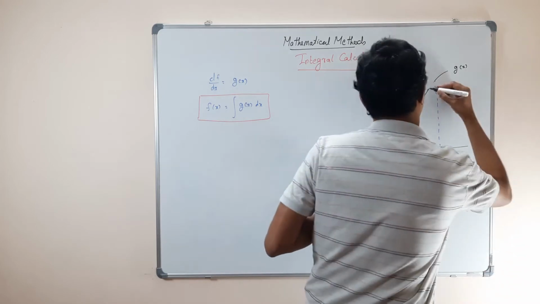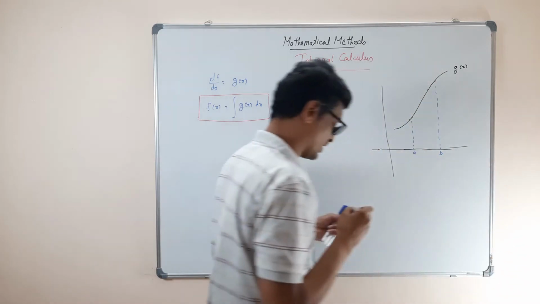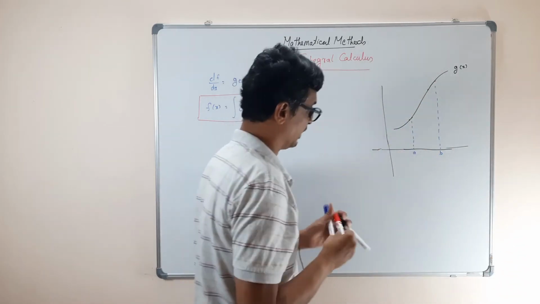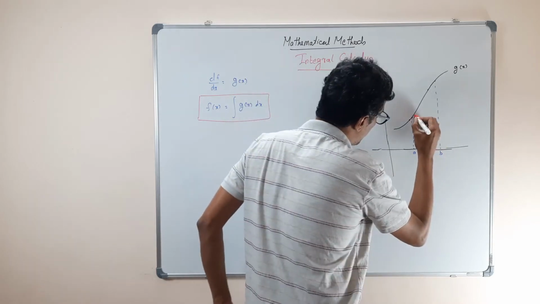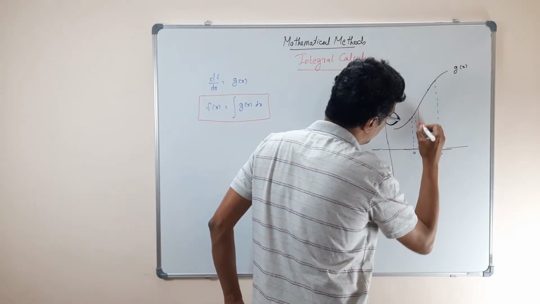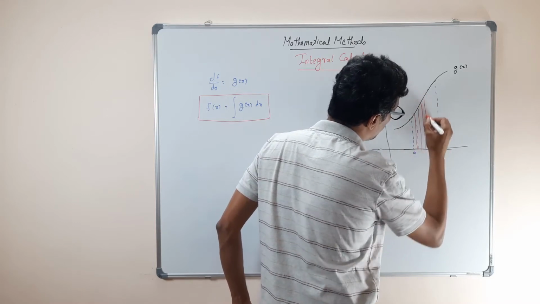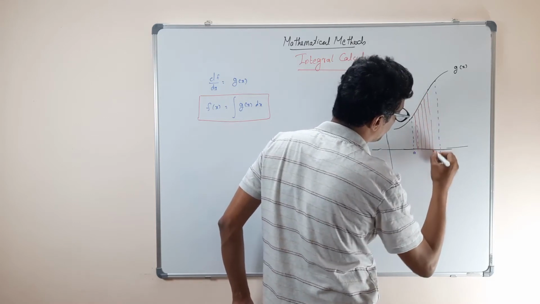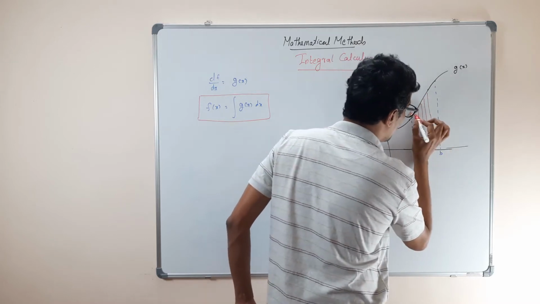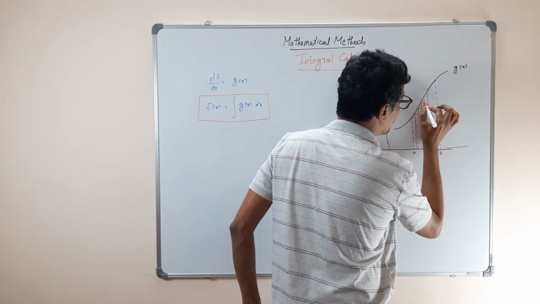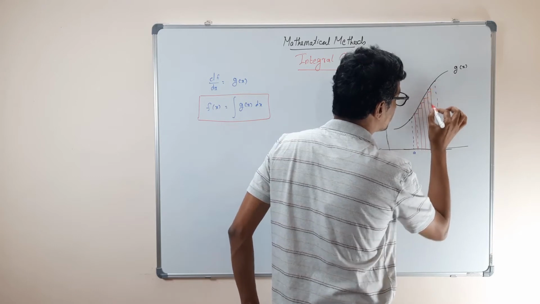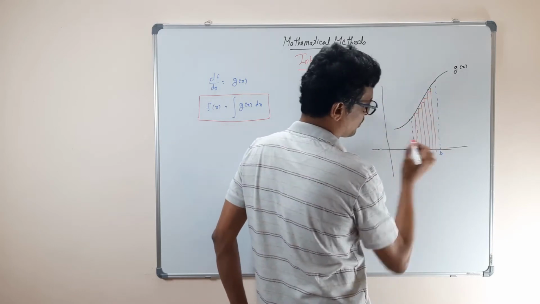So how to find the area of this region: let me divide this region into small segments. Then I will find the area of these small rectangles.